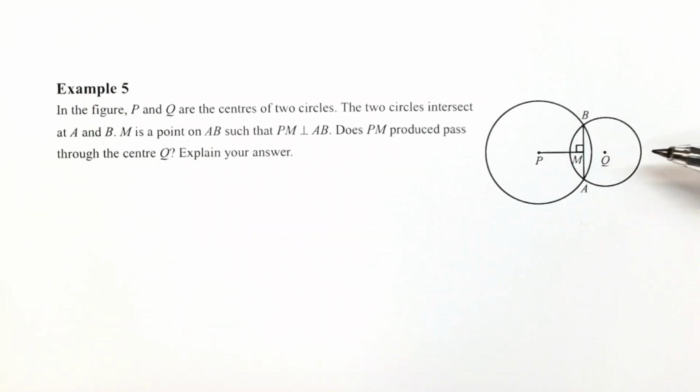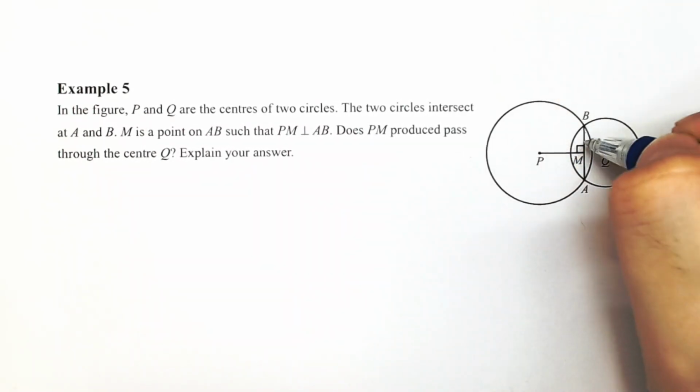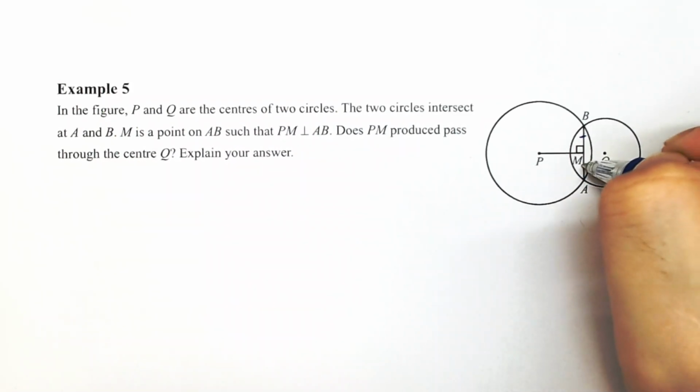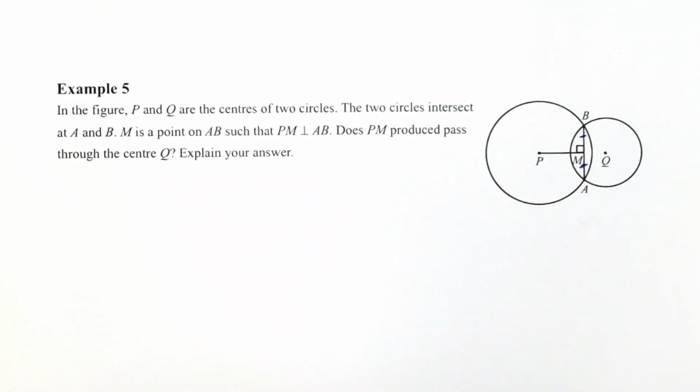P and Q are centers of 2 circles, and the 2 circles intersect at A and B. That means AB is a chord of both circles. M is a point on AB, so that PM is perpendicular to AB. Then we know that BM and AM are of the same length. And then the question is, does PM produced pass through the center Q?